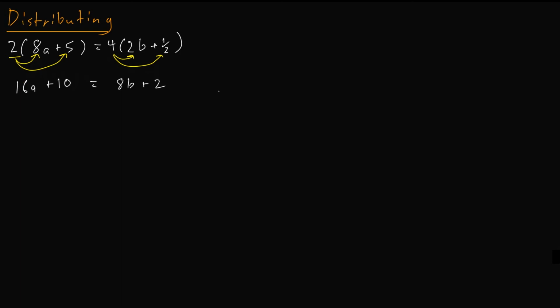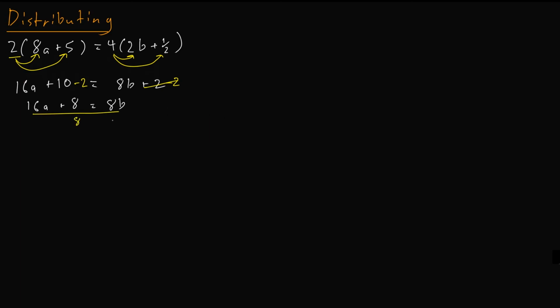Okay, now at this point, we can try and simplify this further. Maybe we can subtract 2 from both sides, right, to get rid of this 2 here. And we'll wind up with 16a plus 8 equals 8b. And I think we can see that we can divide everything by 8.